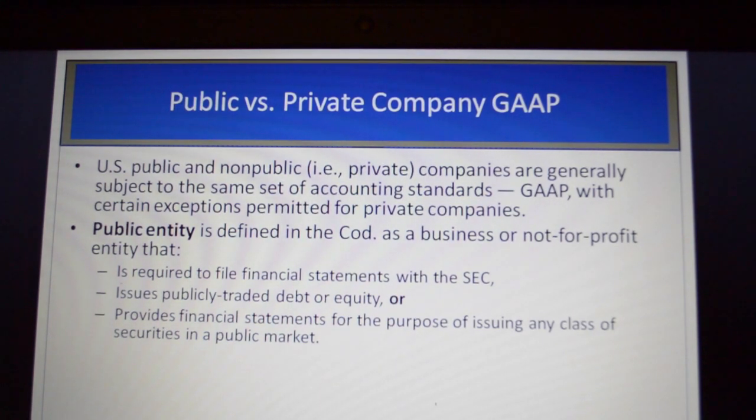Public versus private company GAAP. The U.S. public and non-public, that is private companies, are generally subject to the same set of accounting standards, GAAP, with certain exceptions permitted for private companies.